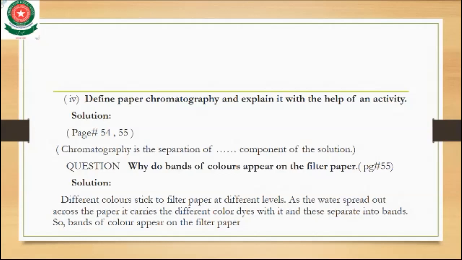When the water spreads out across the paper, it carries the different colors with it, and they separate into bands. So that's why bands of color appear on the filter paper. This is your answer of this question. I hope that you marked all the answers of question number 3.